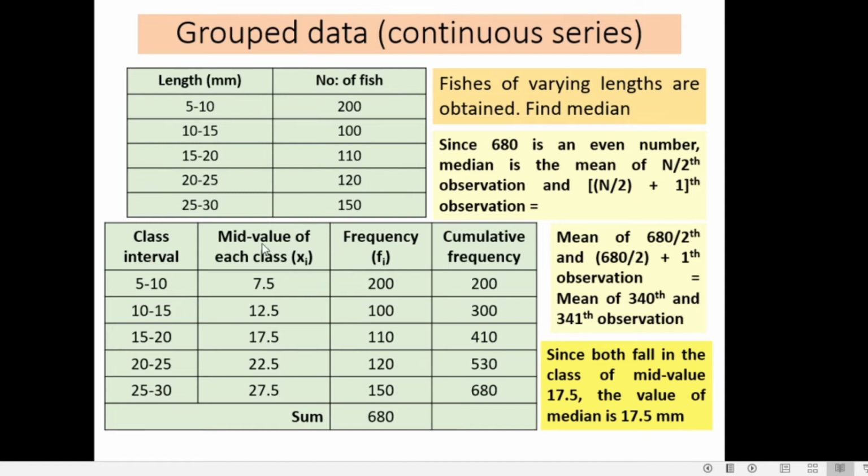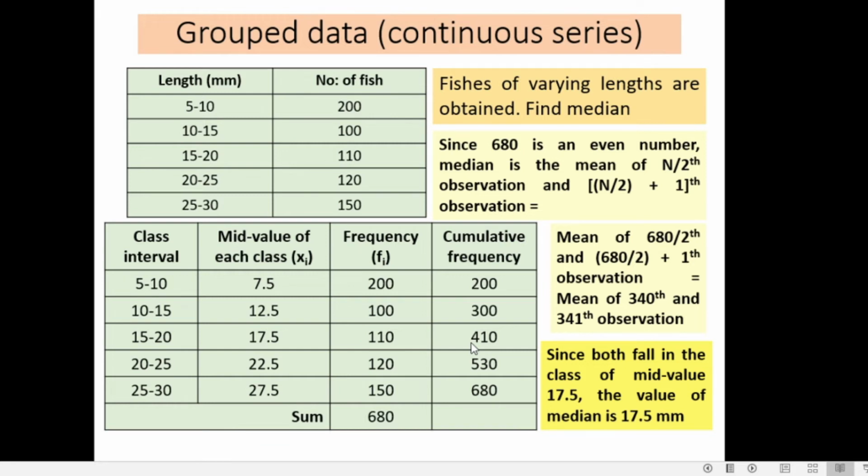So the median is the mean of the n by 2th observation and the n by 2 plus 1th observation, and that is how we came to the answer 17.5. That means we have to take the mid value of that class in which the middlemost observation falls.